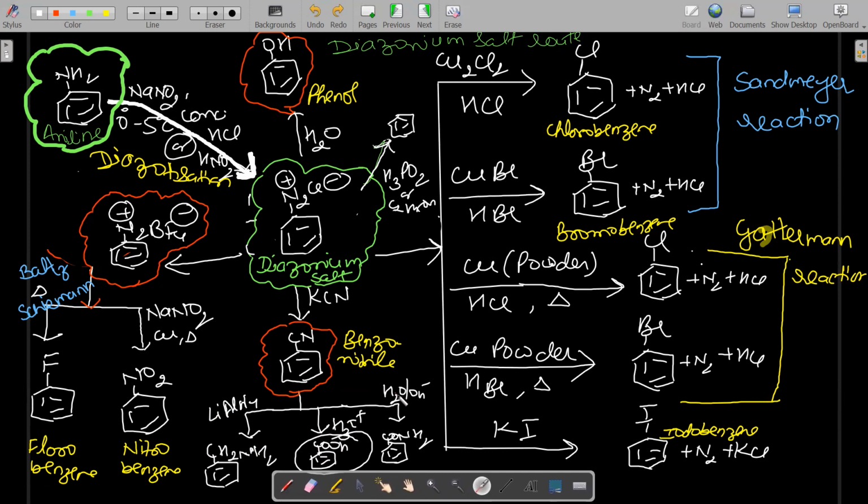And if it is partially hydrolyzed, then it forms amide, CONH2. So when any conversion is coming from aniline to benzoic acid, aniline to benzamide, aniline to benzylamine, first step is a diazonium salt, second step is benzonitrile, and then the third step is this, according to you, you can write.